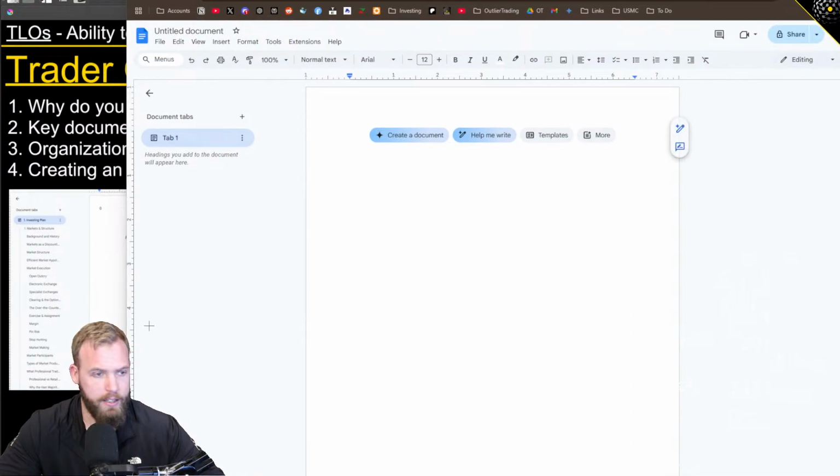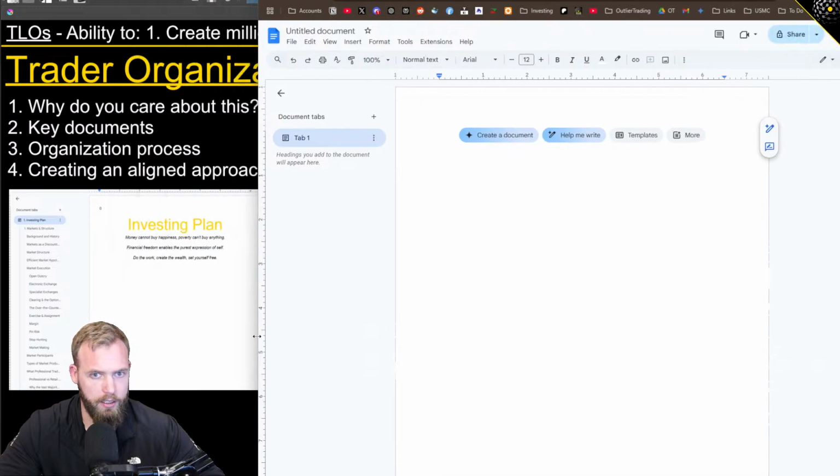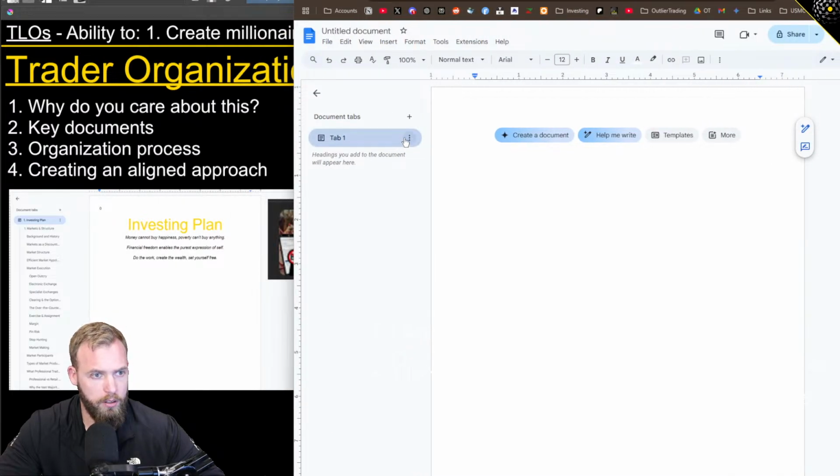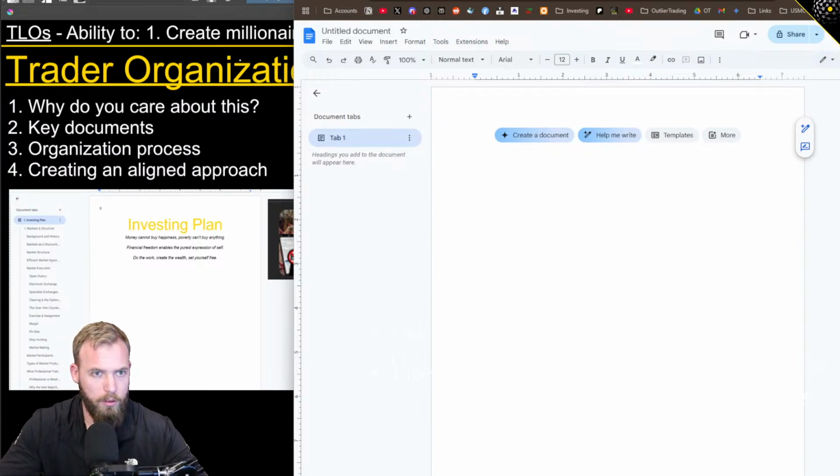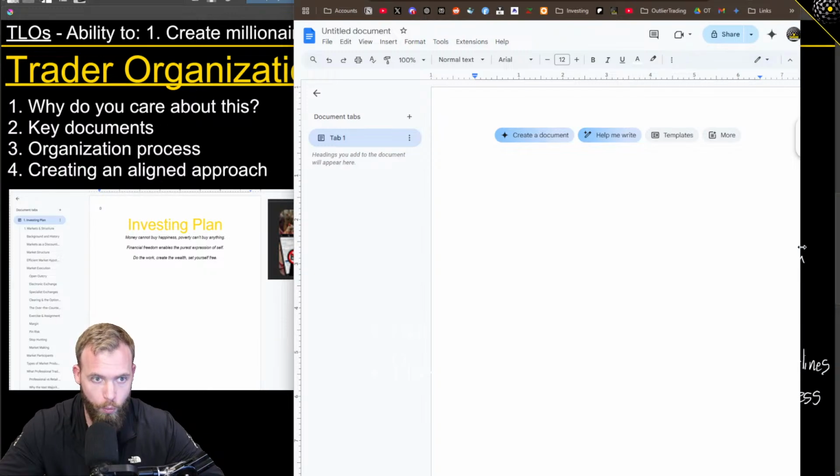We can all agree that this is about as blank as a Google Doc can be. There's nothing in here. Oh, that's actually kind of cool with the tab stuff now. I'm not kidding. If you don't have one, I would love for you to just do this with me right now. You can start it right now with me.